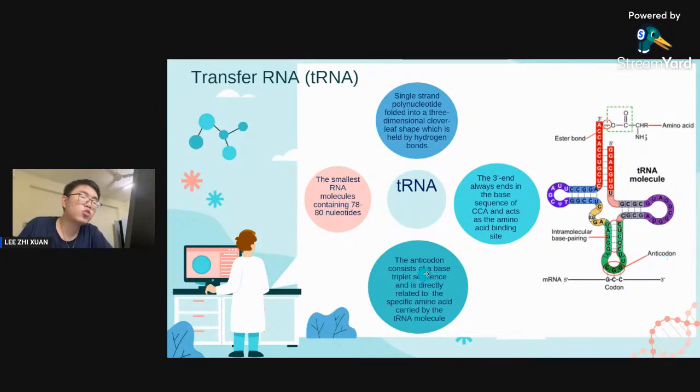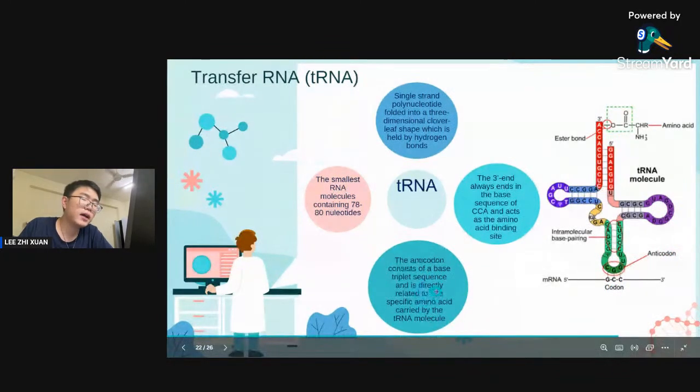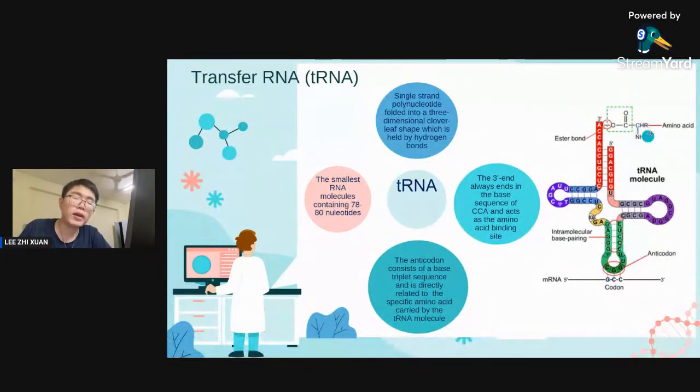These are the triplet base structure that is directly related to the specific amino acid carried by the tRNA molecule. So this is the key structure that determines which amino acid binds to the tRNA.